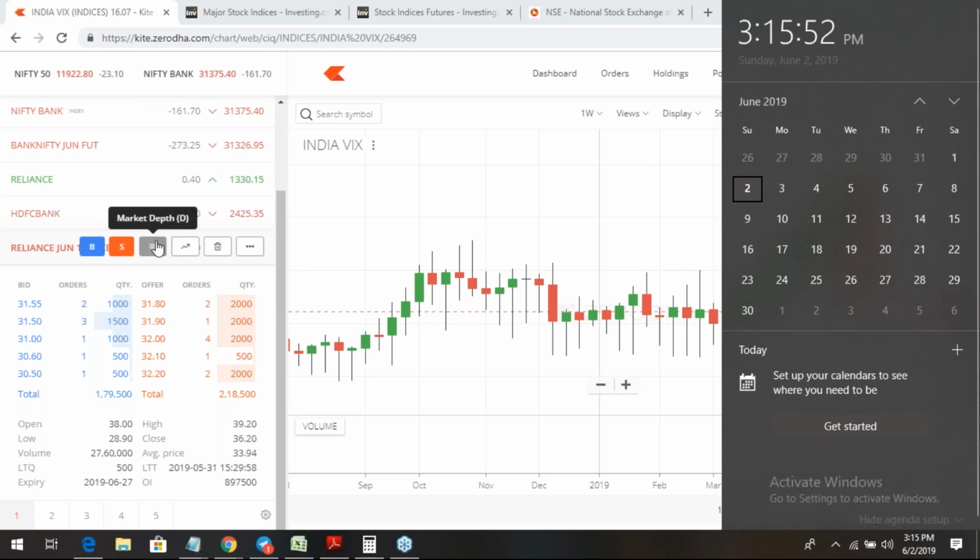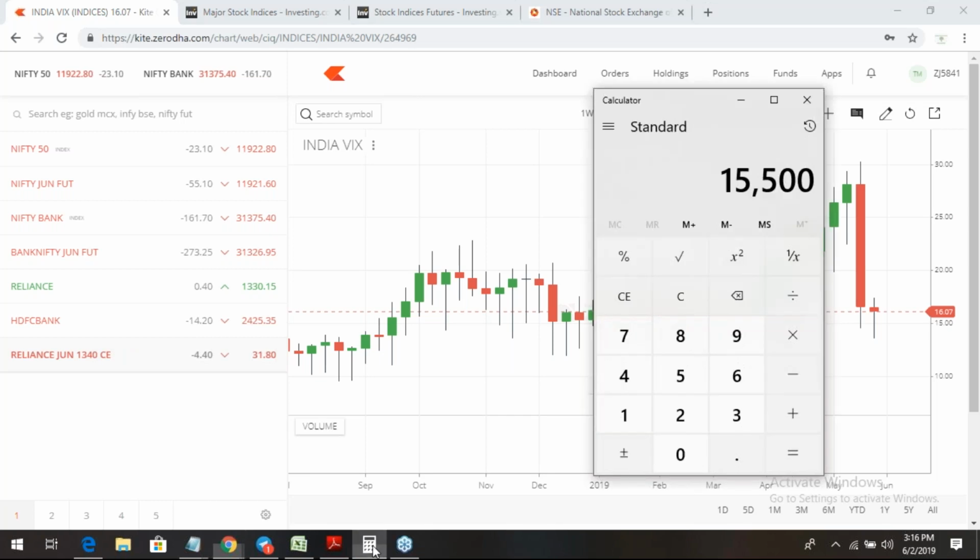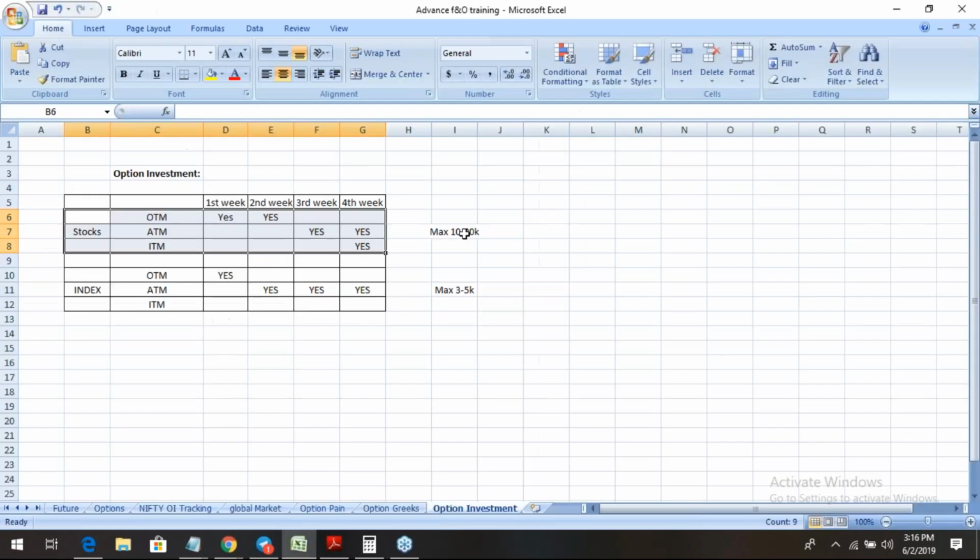It's very cheap, right? If the market recovers, quickly buy this call. I'm saying quickly buy because it's very cheap. If the market reverses within 1 or 2 days, next week it's too cheap to buy, right? Still, how much amount is required? 15,500, which is in our range.